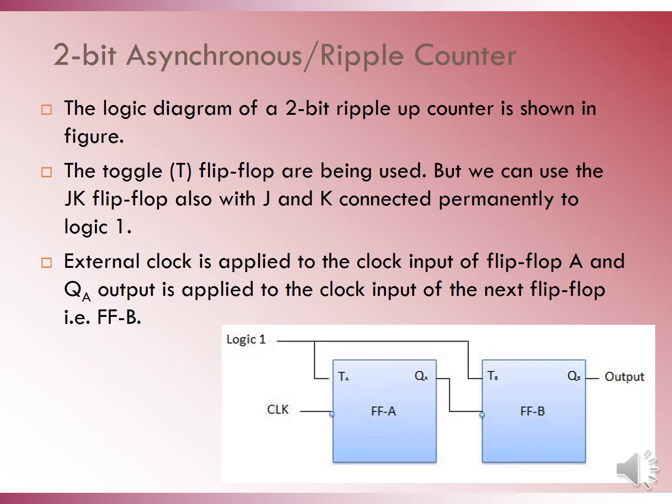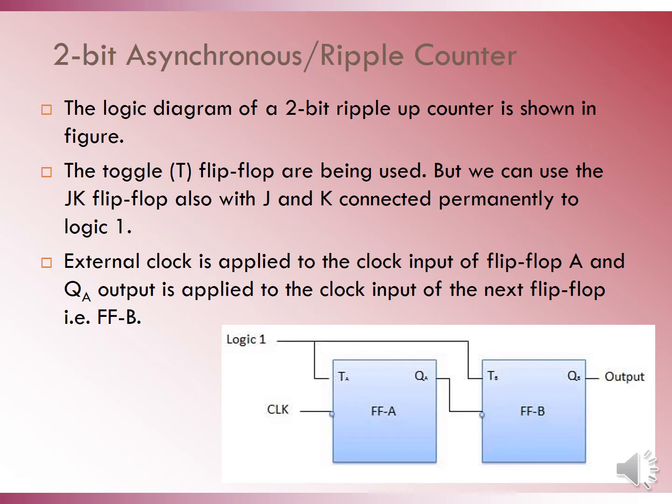As soon as the first negative edge of the clock comes, flip-flop A will toggle, and hence QA will become 1. So the transition of QA is from 0 to 1. That is a positive edge, and hence flip-flop B will not show any transition in its output. Therefore, at the end of first clock pulse, QB QA is equal to 0, 1.